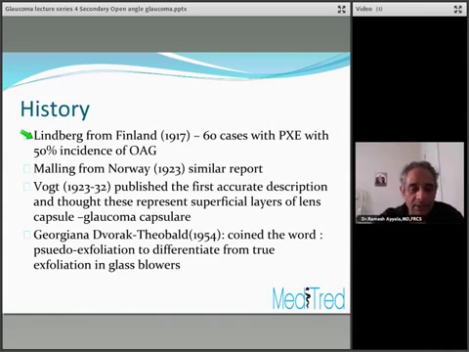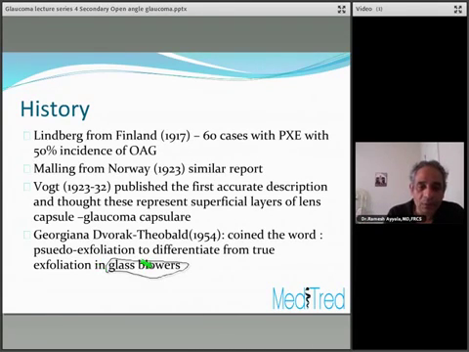which is a profession that is slowly dying, and so probably none of you youngsters out there would see this, but in the old days there used to be a lot of glass blowers, and these people used to develop exfoliation of the lens capsule.